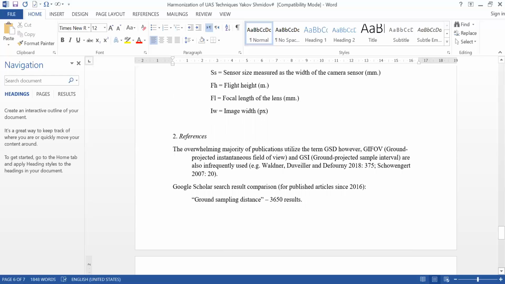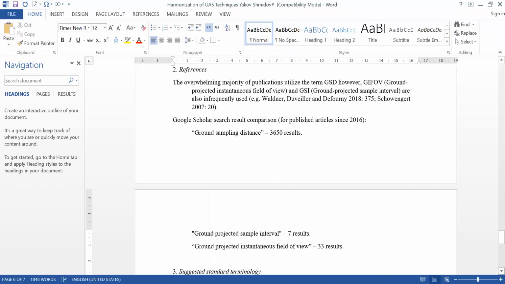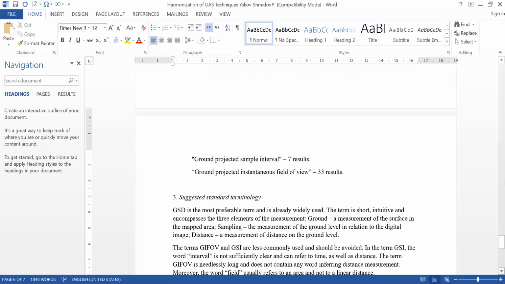And we also gave citation counts in Google for terms in order to show deviation. For instance, ground sampling distance is used by 3,650 papers or results in Scholar. Ground projected sample interval is also valid, but it is used by only 7 recent papers.